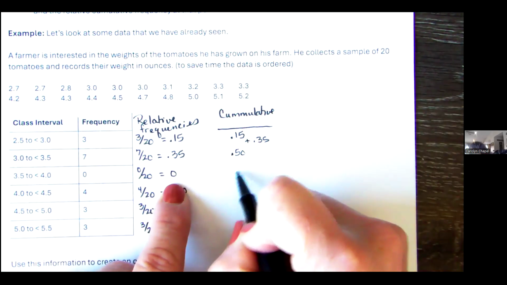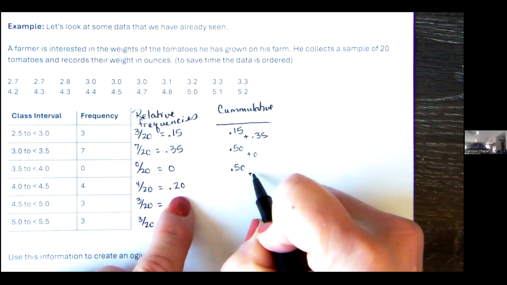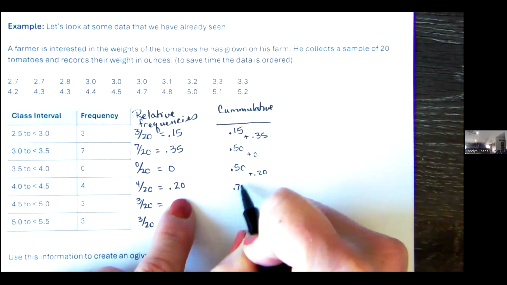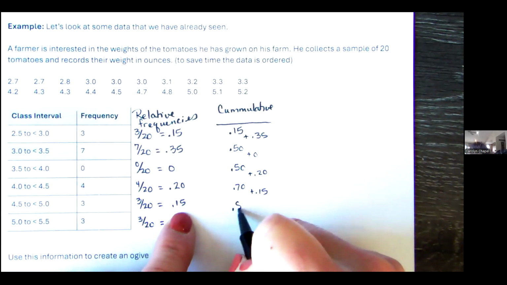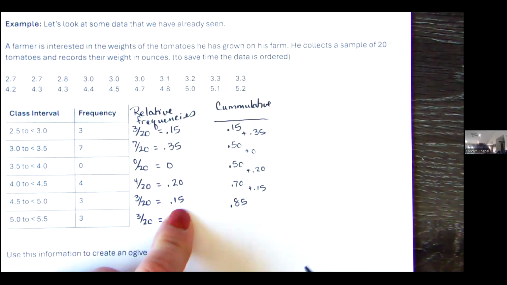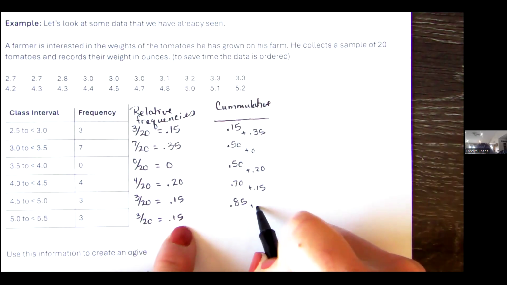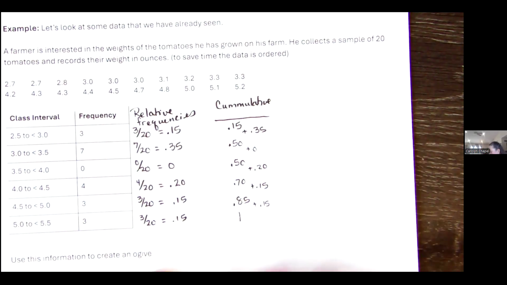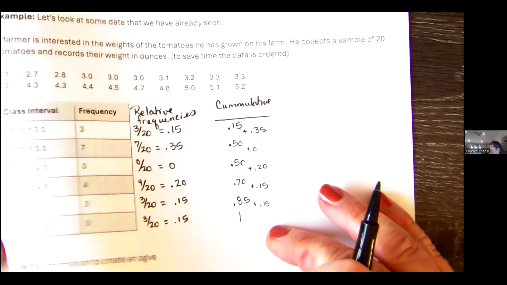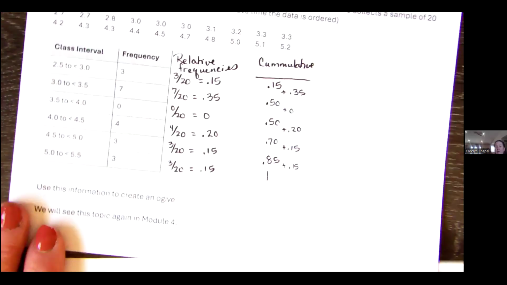I'm adding on another 0. So adding 0, and then adding in my 20%, so 0.7. Adding my 0.15, so I get it up to 0.85, or 85% of my tomatoes are going to be in my bucket. And then when we add the final, we should get up to that 100% or 1. And these are the numbers that we use to create our ogive.